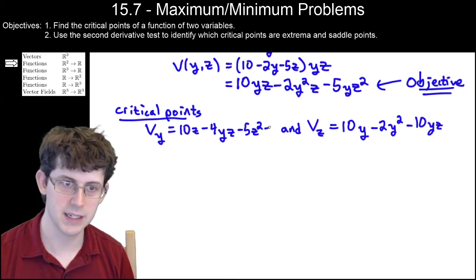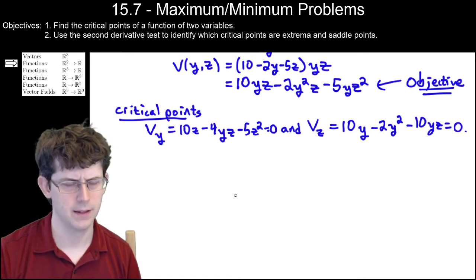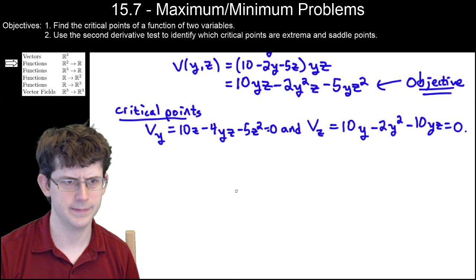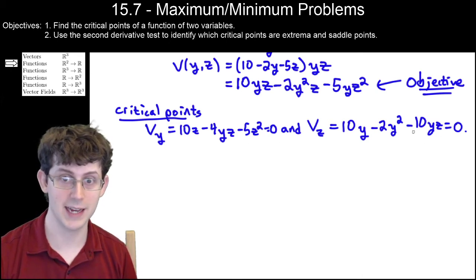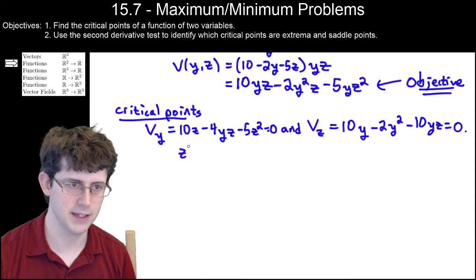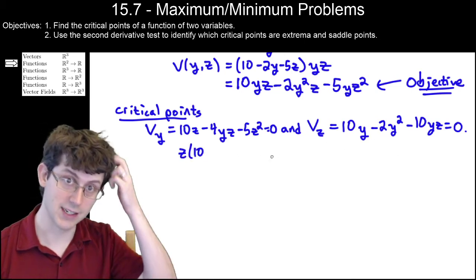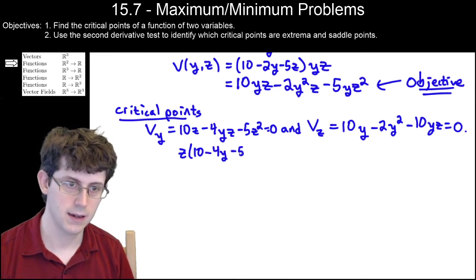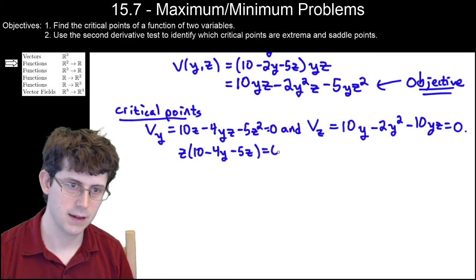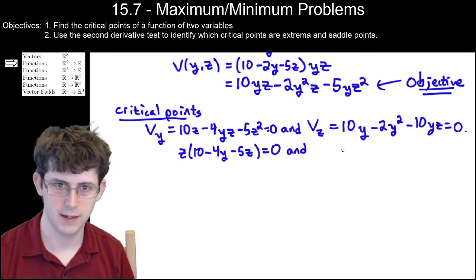And these are supposed to equal 0 at the same time. I guess these all have a factor of z in common, and these all have a factor of y in common. So I'll just do that. I'm thinking of this as a system of two equations that I'm trying to solve simultaneously. Factor out a y over here.